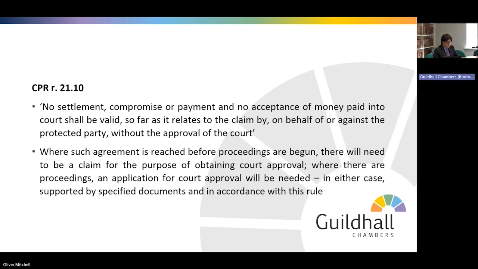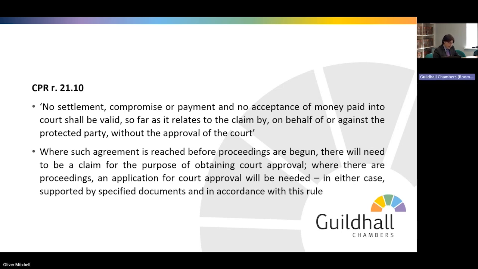case in which proceedings were settled and a consent order was made by the court, but the Supreme Court held that the embodiment of that settlement in the consent order did not constitute approval of the court pursuant to Rule 21.10.